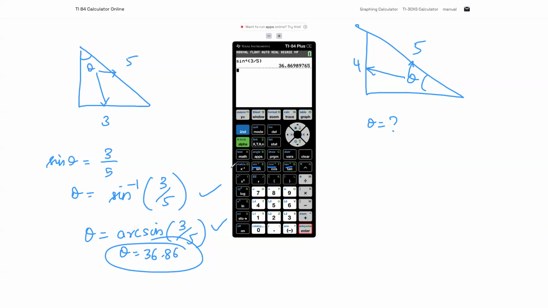Wait, so how do you get the arc? Second and sine. Oh, okay. Makes sense. This is arc sine, or sine inverse. Make sense, guys?